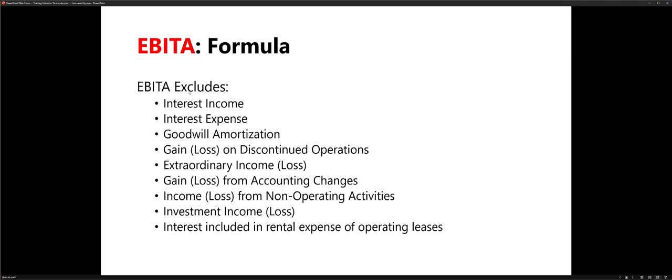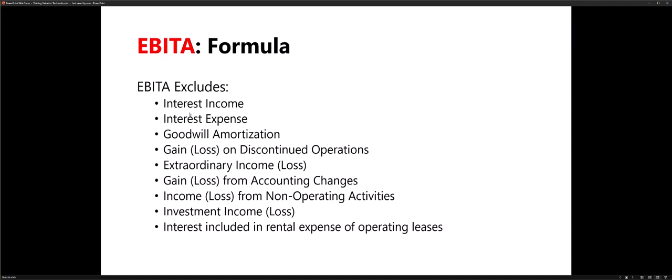All right. So what does EBITDA exclude? What are the activities or line items that we're probably not in the business of? If we're a laundry business, we're not in the business of making money from interest or debt.